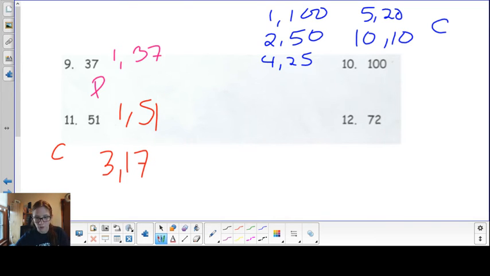And then 72. Okay, 1 and 72. 2 and 36. I get 9, so it has to be 3.